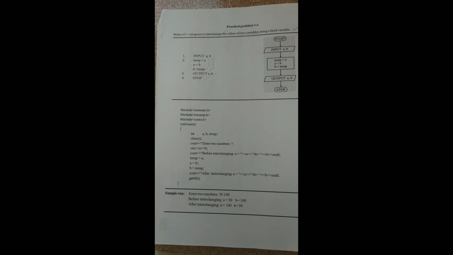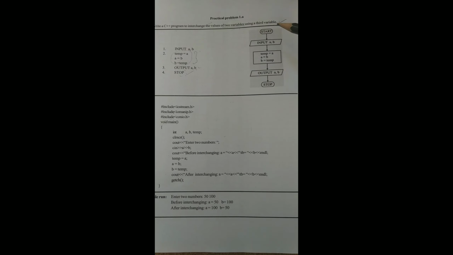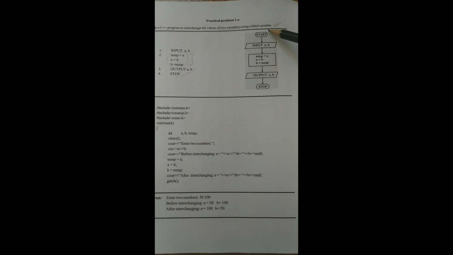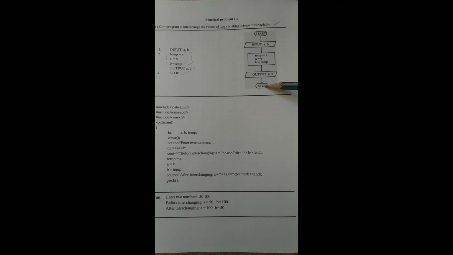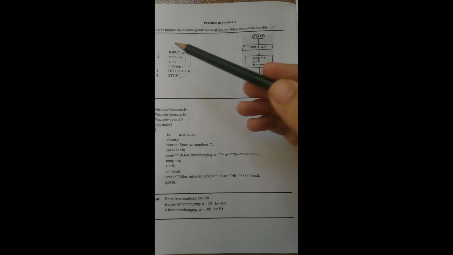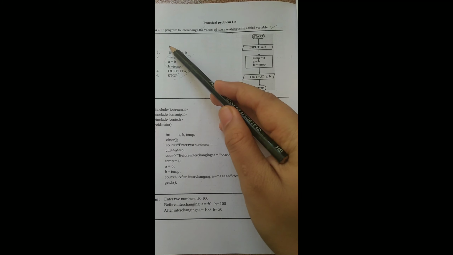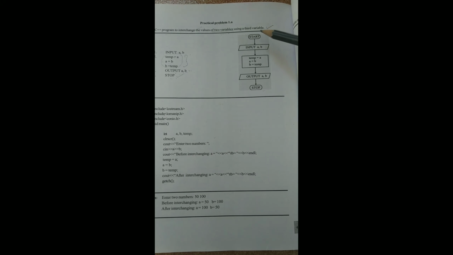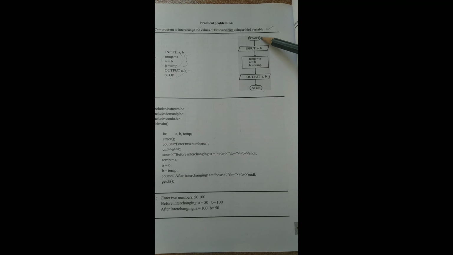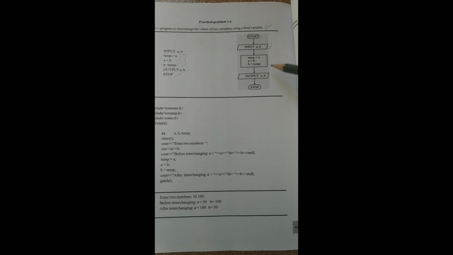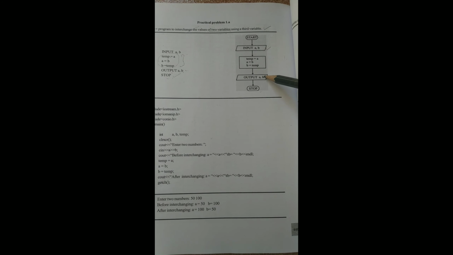Next, whatever algorithm you have written, you are going to convert it into a flowchart. In this flowchart, first you have a start, lastly you will have a stop. Even in the algorithm, you can add start here. Input and output will be a parallelogram.